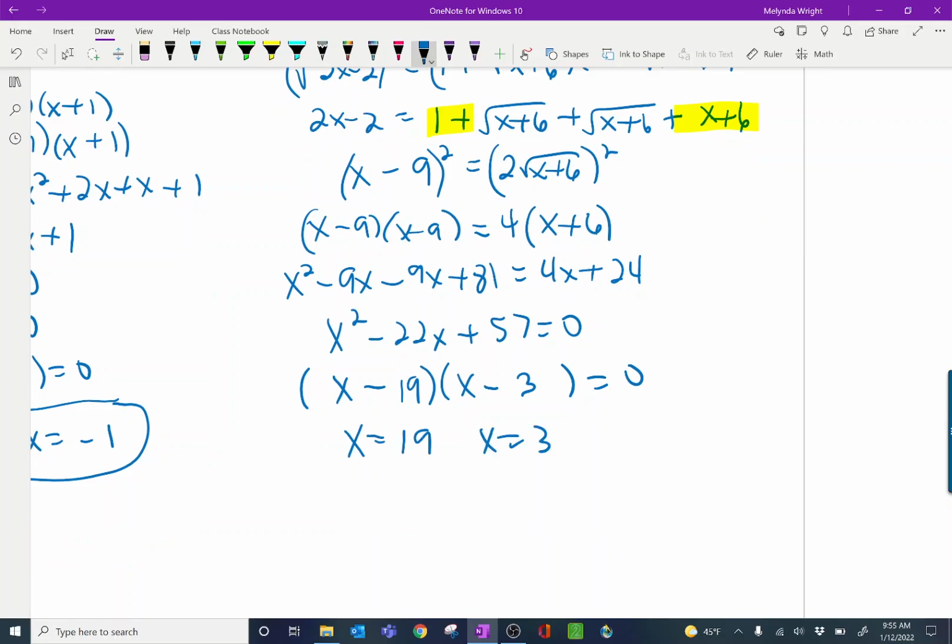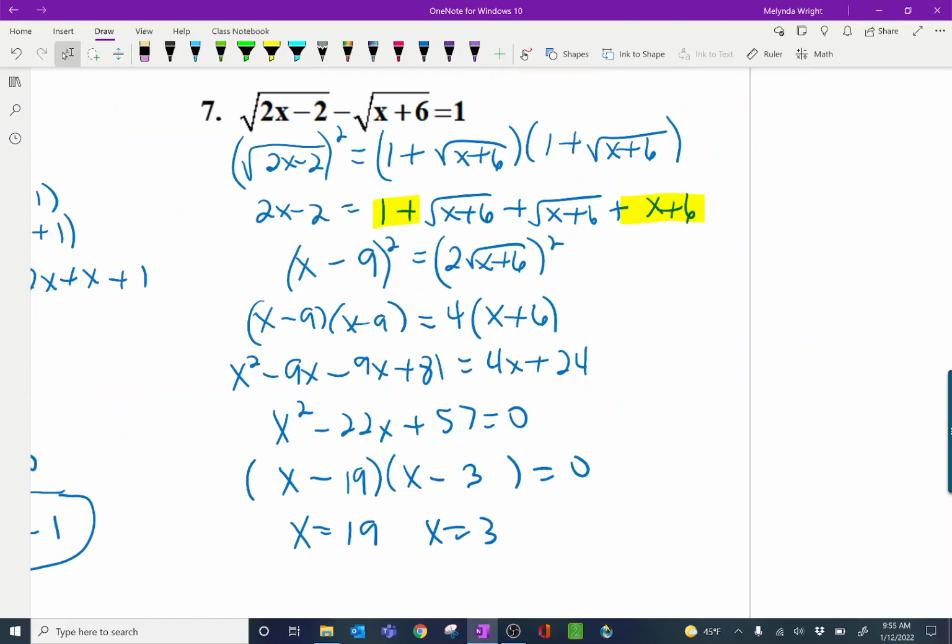Now I did check these, and one of them does not work. So let's go ahead and check. Well, I already know which one doesn't work, so I'm just going to demonstrate how I know it doesn't work. So we're going to check the 3. So I've got, here's my check. Okay. So I've got the square root of 2 times 3 minus 2 minus the square root of 3 plus 6 equals, does it equal 1?